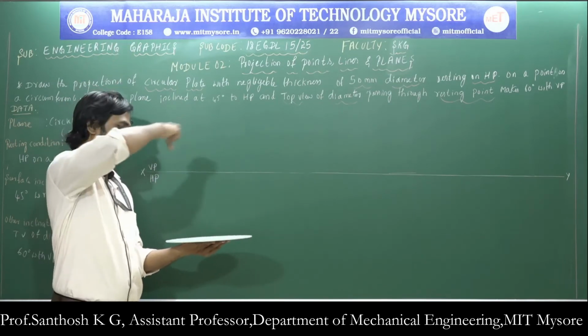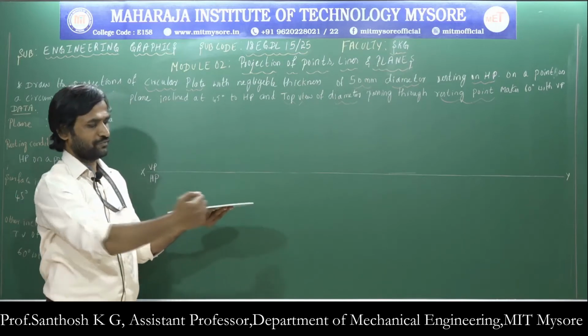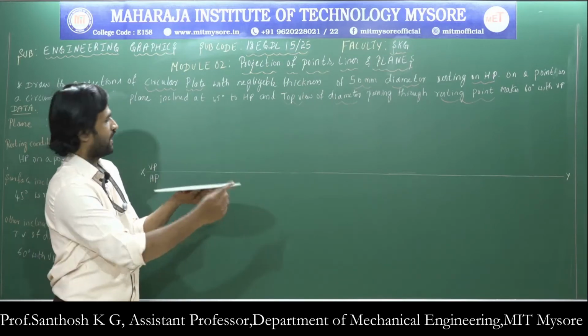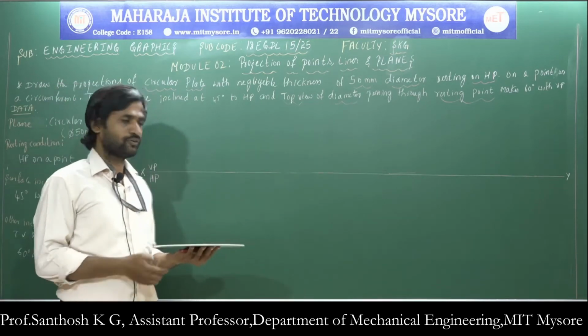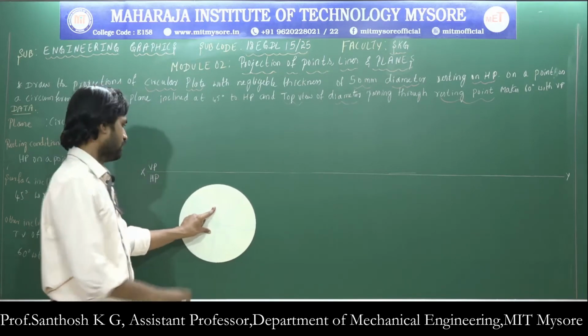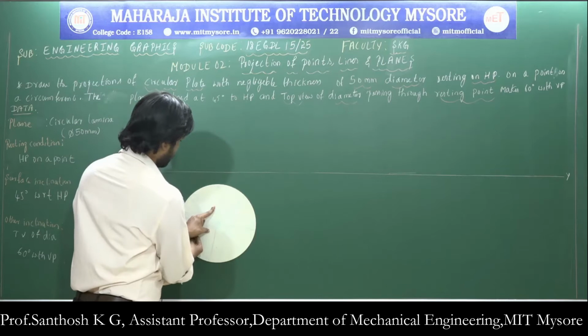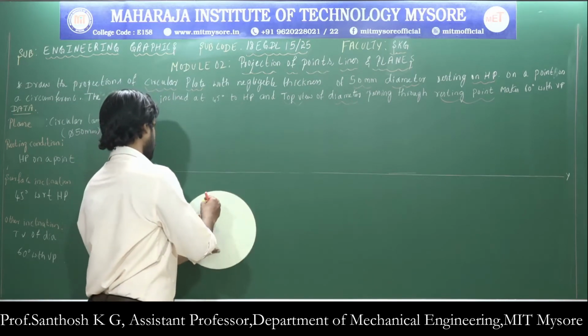So on the top view, the lamina will look like a circle, and when you see it from the front, it looks like a line in the front view. So first I am going to write the lamina by placing it on HP. So when I place it on HP, so the top view will look like a circle.